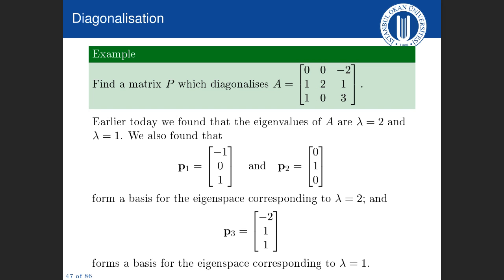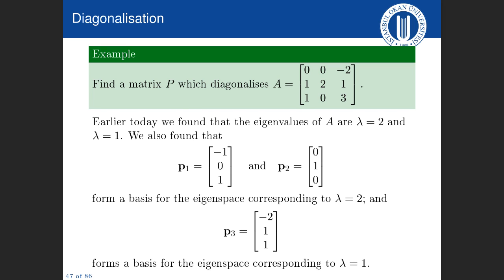For example, find a matrix capital P which diagonalizes this 3 by 3 matrix [0, 0, -2; 1, 2, 1; 1, 0, 3]. We've looked at this one already today. We've already found that the eigenvalues are 2 and 1. And we've also found bases for each eigenspace.